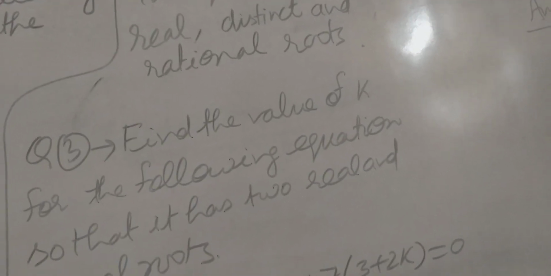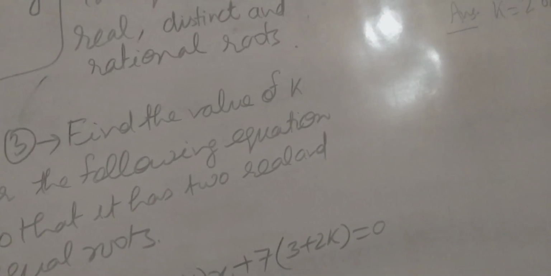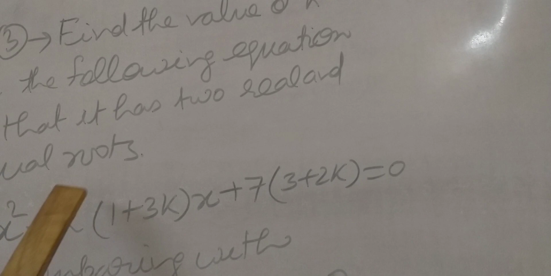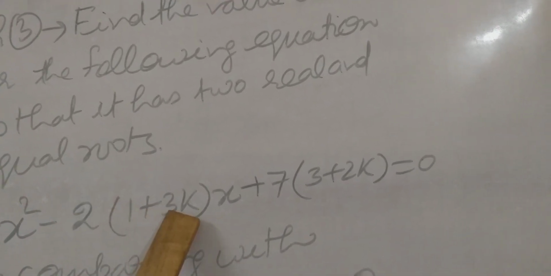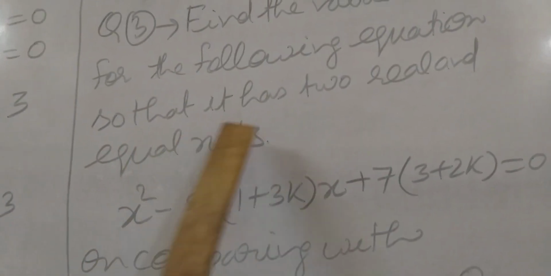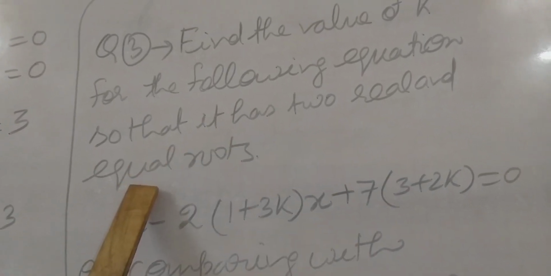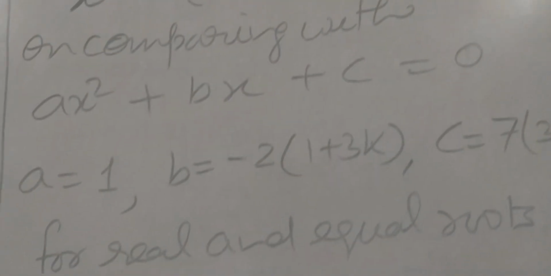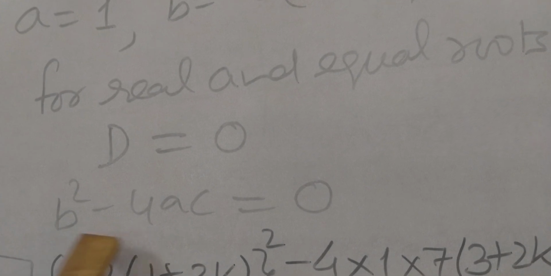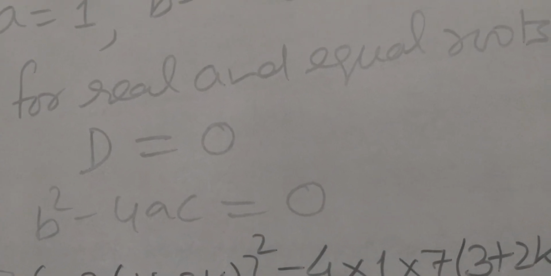Correct? And we also learned how to find the value of k if the equation has real and equal roots. For real and equal roots, we write D equals 0, b² − 4ac = 0. Okay, students.